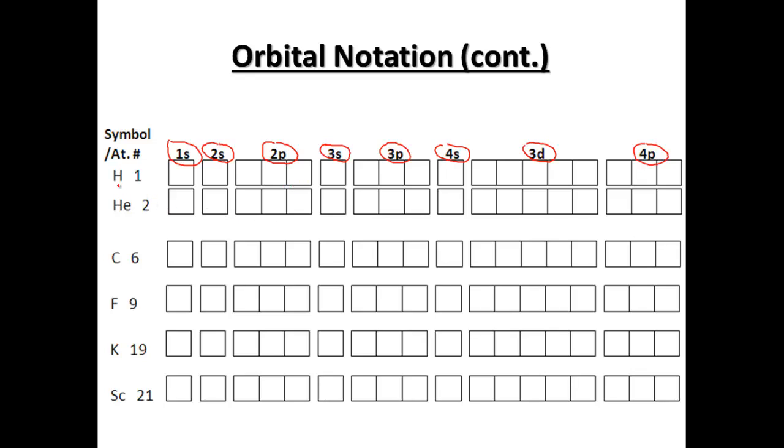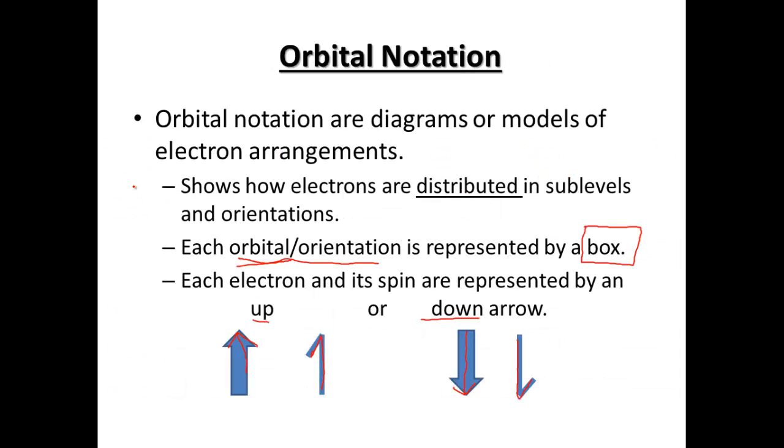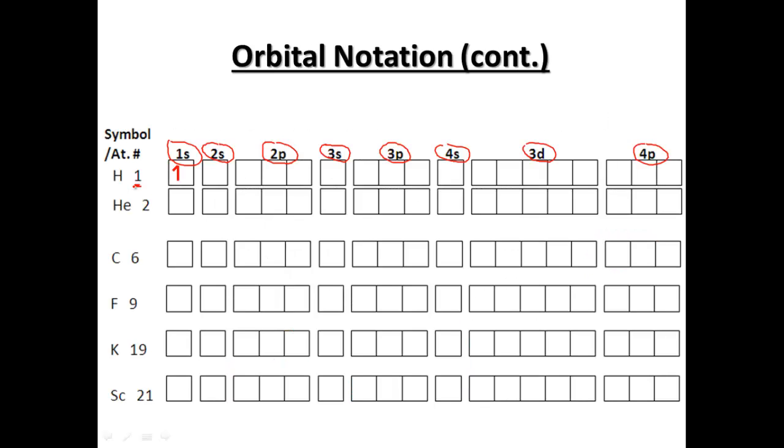First off, hydrogen, element 1, has 1 outer electron. So that 1 electron we just place in the first energy level, and it's going to be just 1 up arrow in the 1s section. Our second one, helium, has a total of 2 electrons. Both will fit into that first energy level or first orbital.